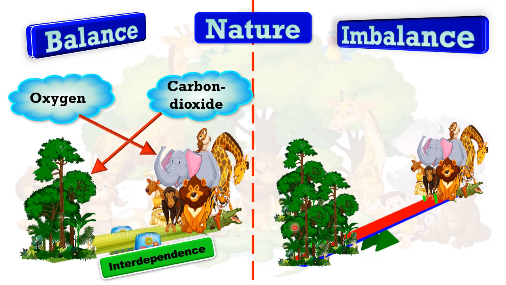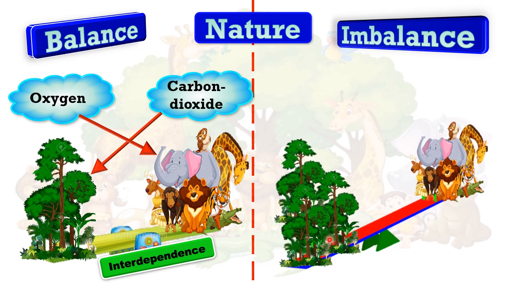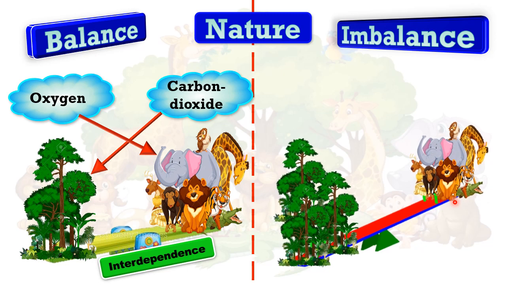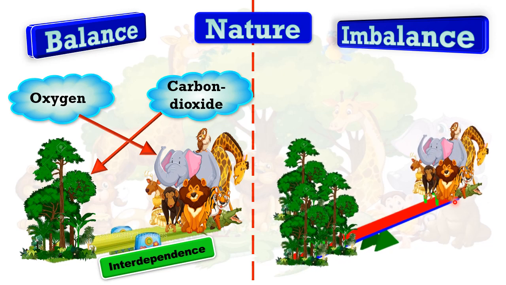As you can see in the picture, children, it is a situation of imbalance. Why? A lot of plants are there. The weight is more, so that side is down, and with fewer animals, that side is up. So it is not on an equal platform. It is on an uneven platform, and it is the reason of imbalance.